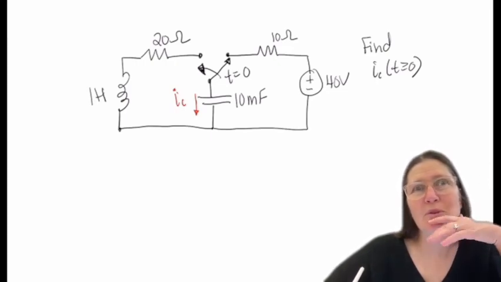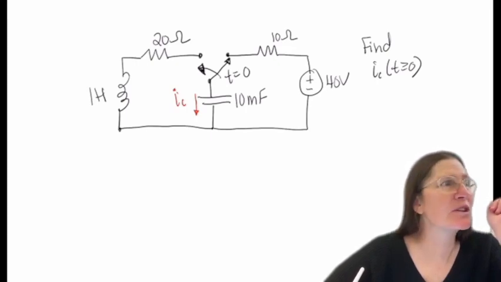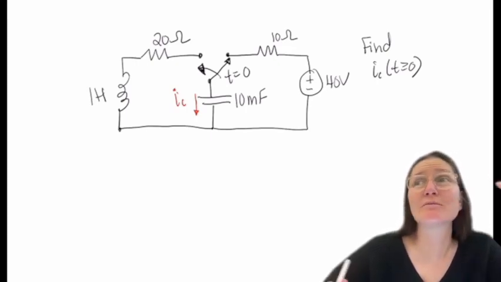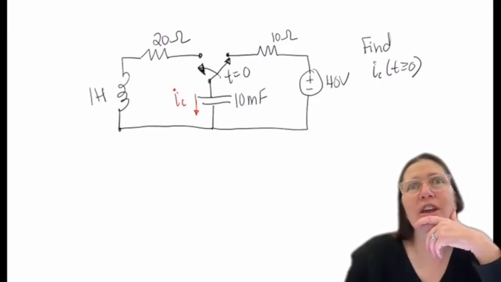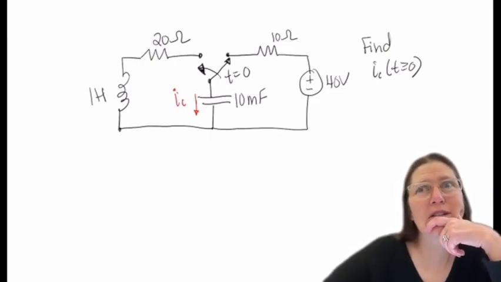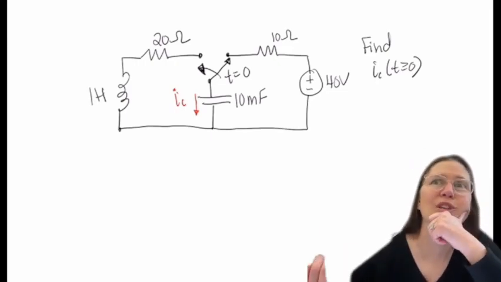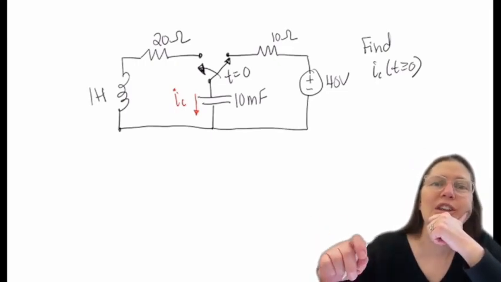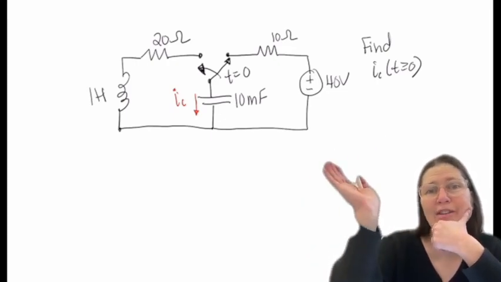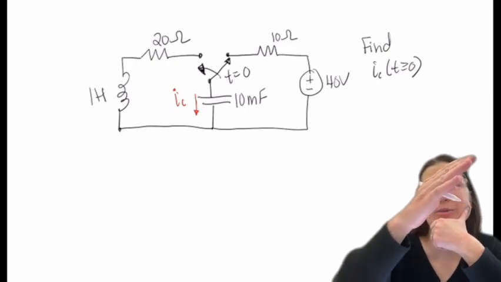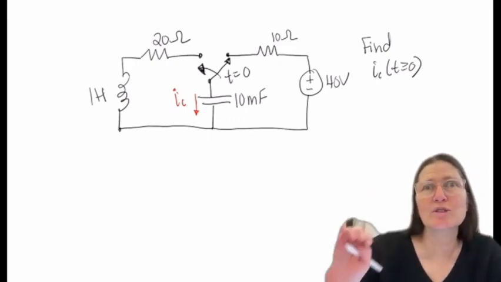Right before that, what's happening here? That's one of the things you have to interpret. When you see the switch, the arrow means where it's going to. So the initial condition will be with the switch to the right, and the final is going to be when it's going to the left.